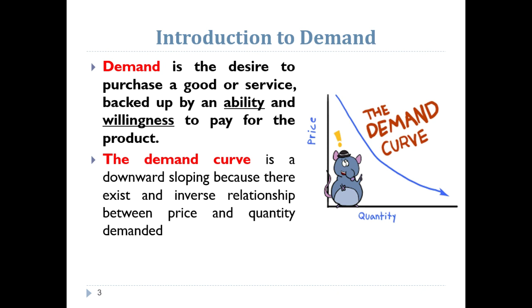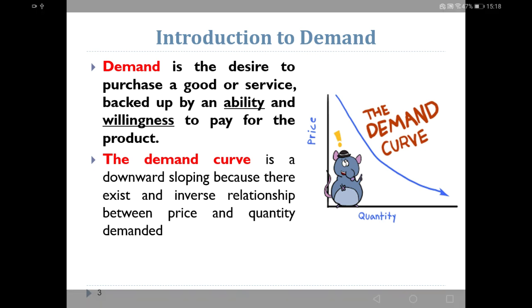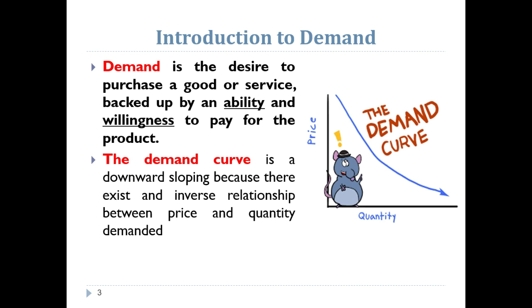The next point is that when we look at the demand curve, we can see the demand curve is downward sloping. What is the reason for that? There is an inverse relationship between price and quantity demanded for a normal product. We are drawing the demand curve by considering a normal product. That is, when the price is more, customers will reduce the demand, and when the price is less, customers will increase the demand.